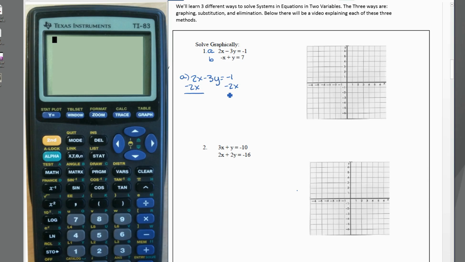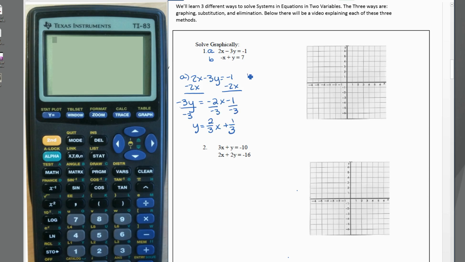So I can write this as -3y equals -2x minus 1. And then to get y by itself, I need to divide every term by -3. So that's going to give me y equals, now the negatives cancel out, so I have 2/3 x, and again here the negatives cancel, plus 1/3.